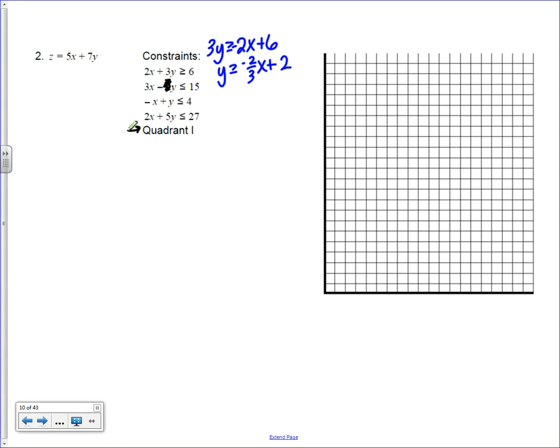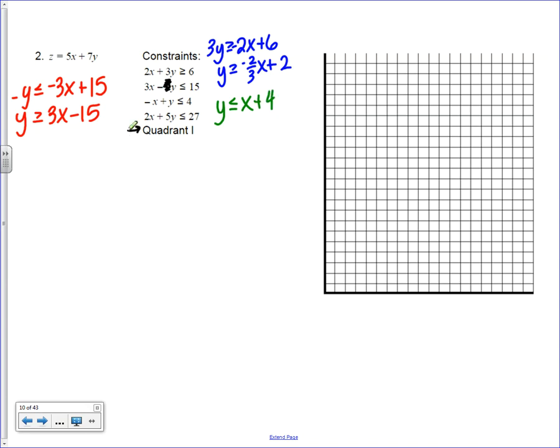All right, so let's go back to that. So now I'm going to subtract the 3x over, which gives me -y is less than or equal to -3x plus 15. Divide by -1, so I'm going to flip that symbol over, and that gives me now a positive 3x minus 15. All right, let's go down to the third one. I'll do that one in green. We just have to add the x over in that third inequality.